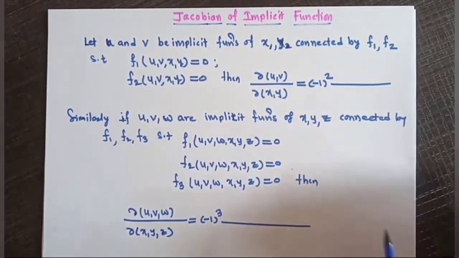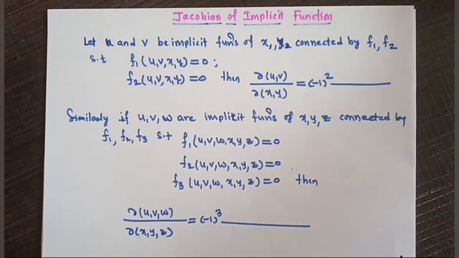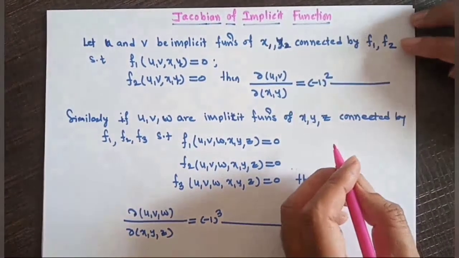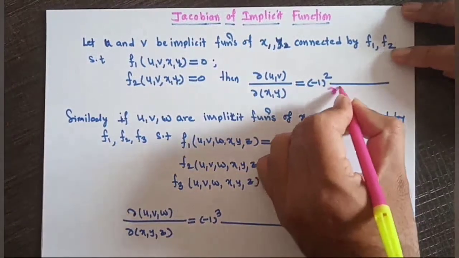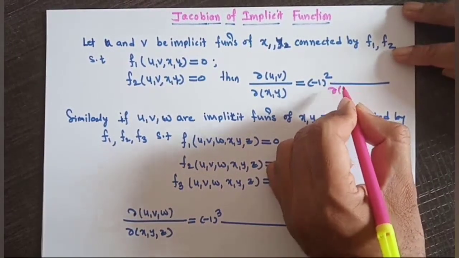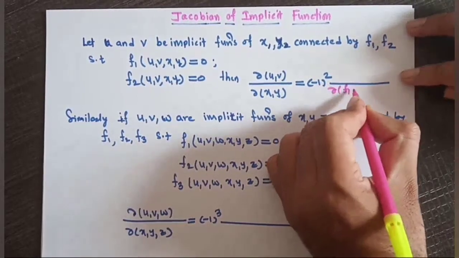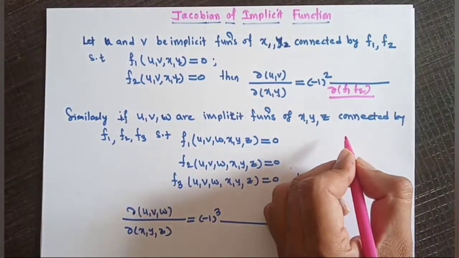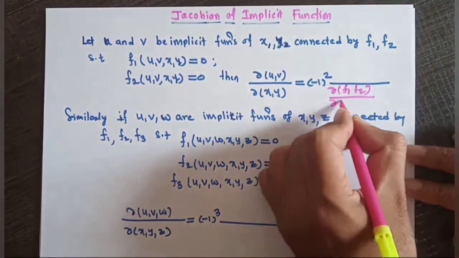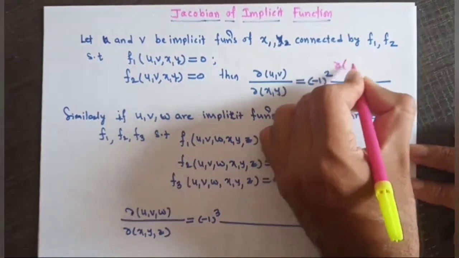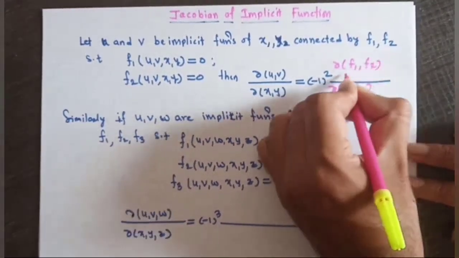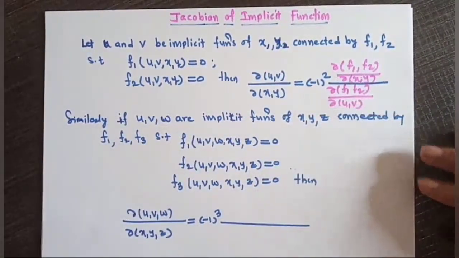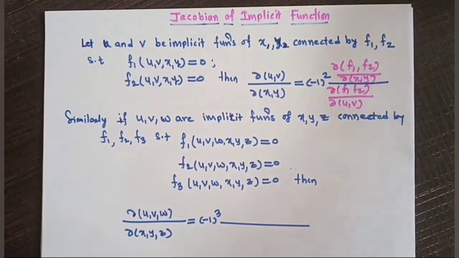Then Jacobian of u, v with respect to x, y is equal to, first write the denominator, the Jacobian of f1, f2 with respect to u, v, and the numerator is the Jacobian of f1, f2 with respect to x, y.